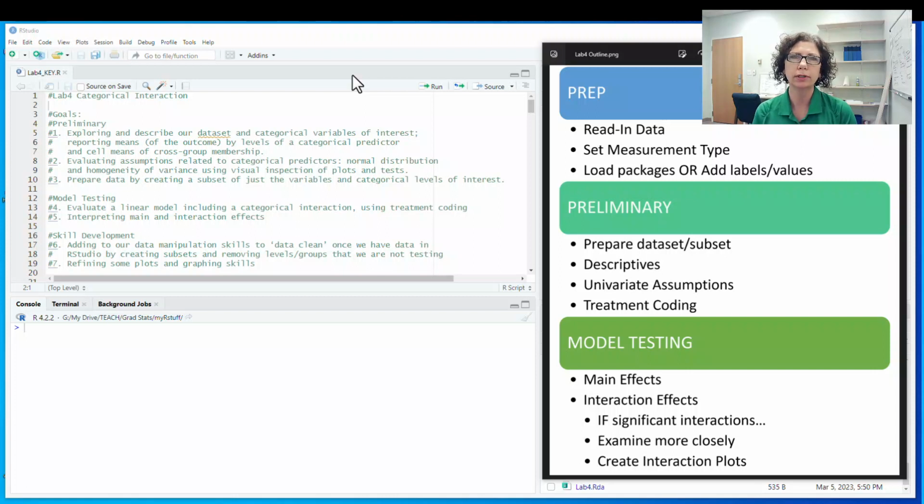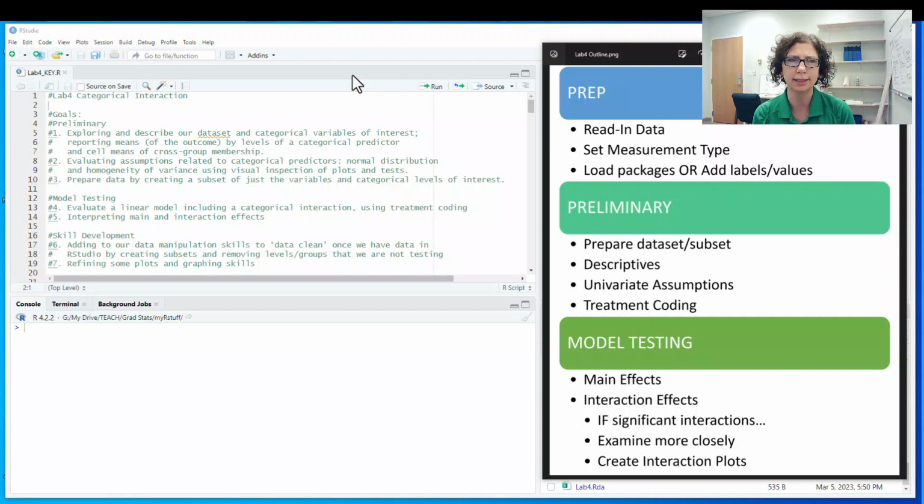A categorical interaction is when we have more than one categorical predictor and still one continuous outcome. So it would be when differences on the outcome due to predictor 1 are dependent on predictor 2.